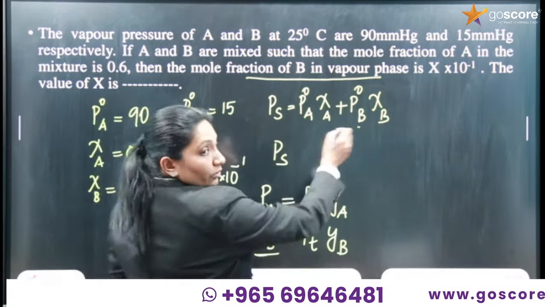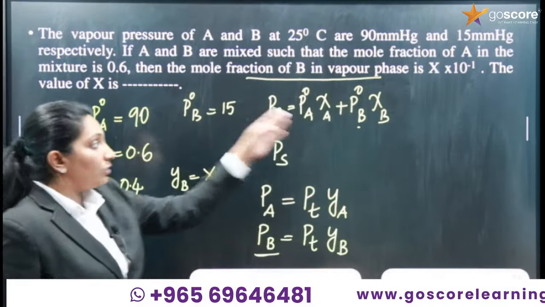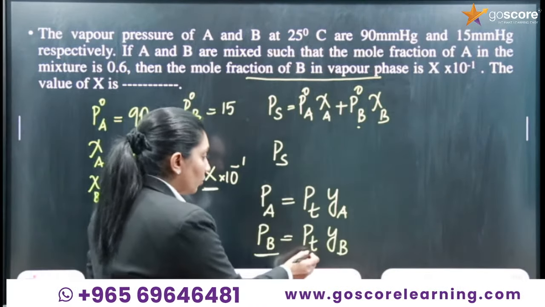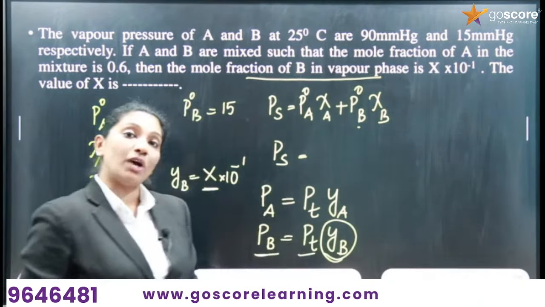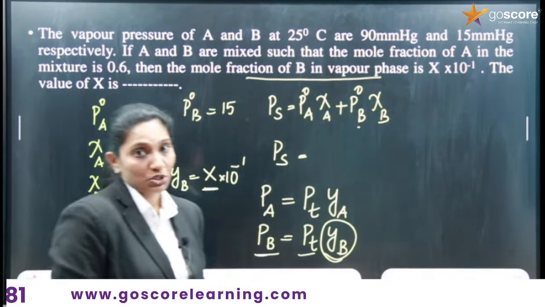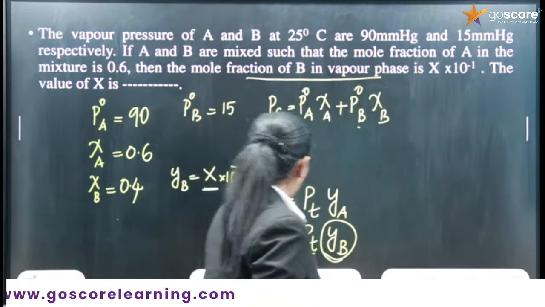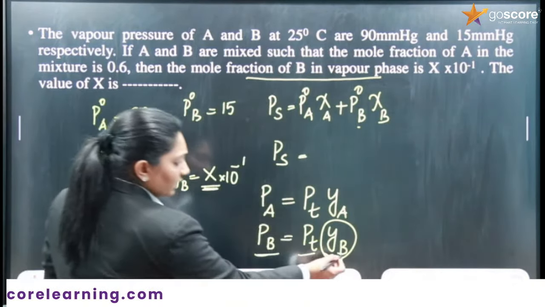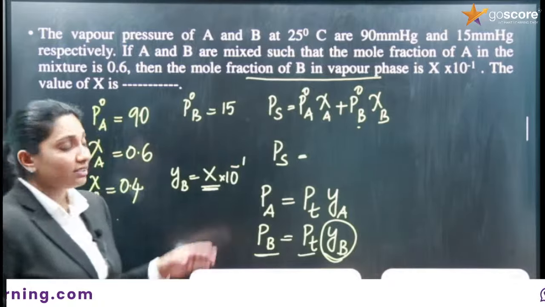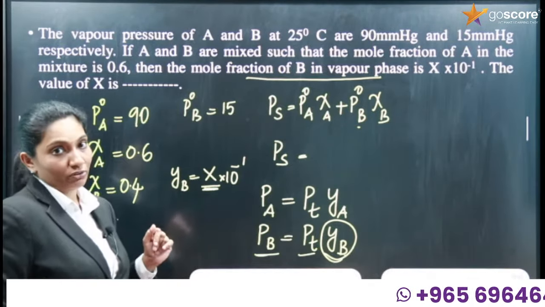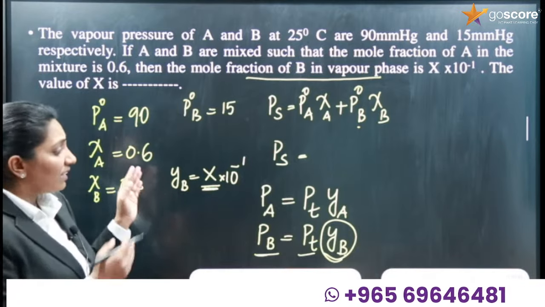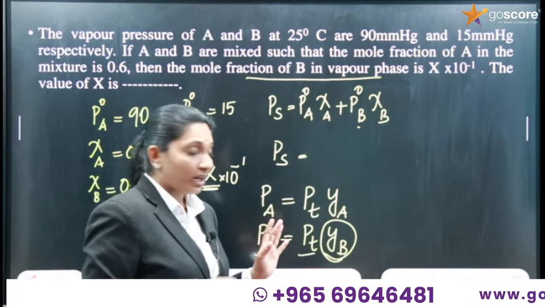PB we can find as P naught B into chi B, right? And the total pressure we found here. Based on that, we can find the YB value, and once we get the YB value, we can rewrite it in terms of X into 10 raised to minus 1 and find the X value. I hope this is an easy one. You will solve it on your own.